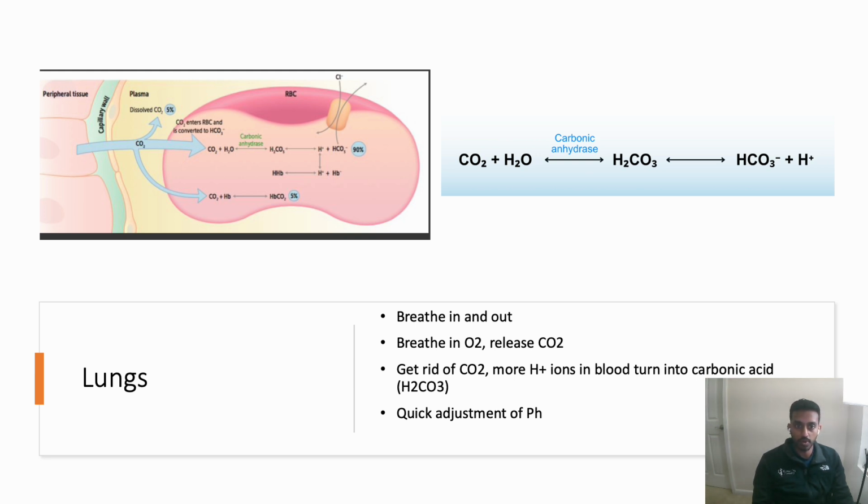If you expire more CO2, more hydrogen ions are converted in the leftward reaction, and your blood becomes more basic. This conversion takes place in red blood cells, and the lungs can compensate relatively quickly to changes in blood pH.